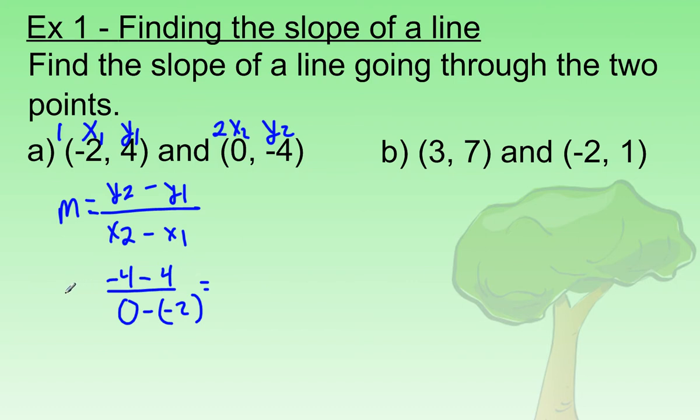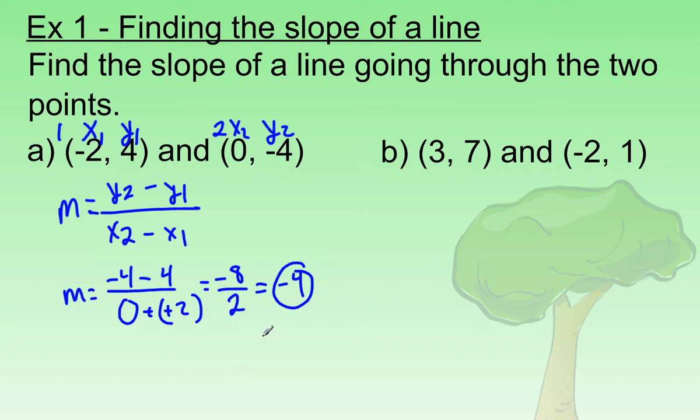You simplify, and you get your answer. Negative 4 minus 4 is negative 8. 0 minus negative 2, minus a negative is plus a positive, is positive 2, and that divides down to negative 4. So the slope of this line is negative 4.